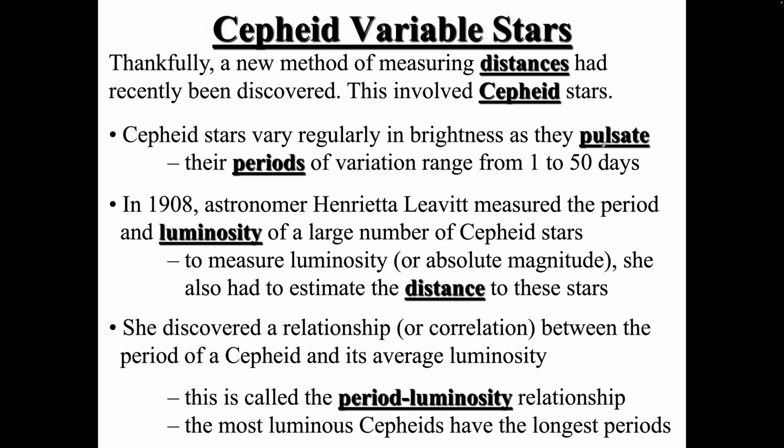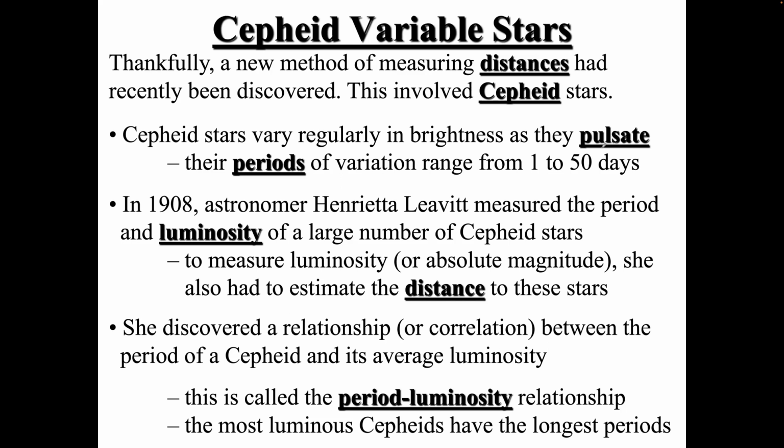Now, this new method involves a certain type of stars called Cepheid stars. There is a specific name. They used this type of star to measure the distances. Now you may be wondering what these Cepheid stars are. It's a completely new one for you.